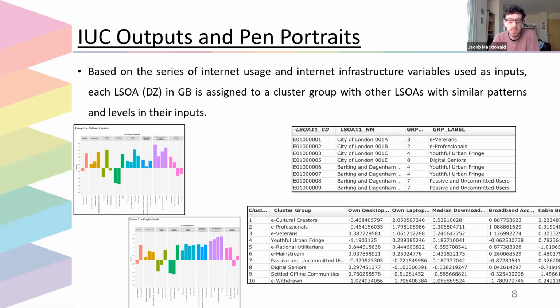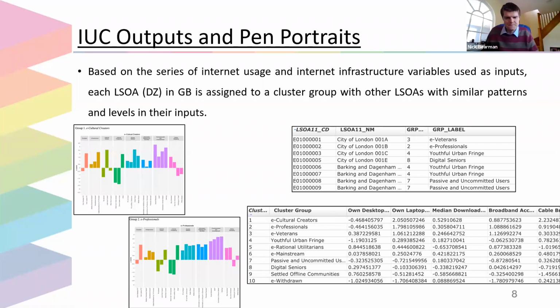If we look at the data sets on the right-hand side, the bottom right corner is exactly the output of the types of clusters that we would get. Based on all of our input data, which is any number of variables that we have, the k-means algorithm finds 10 cluster groups based on our diagnostics and our model selection process.